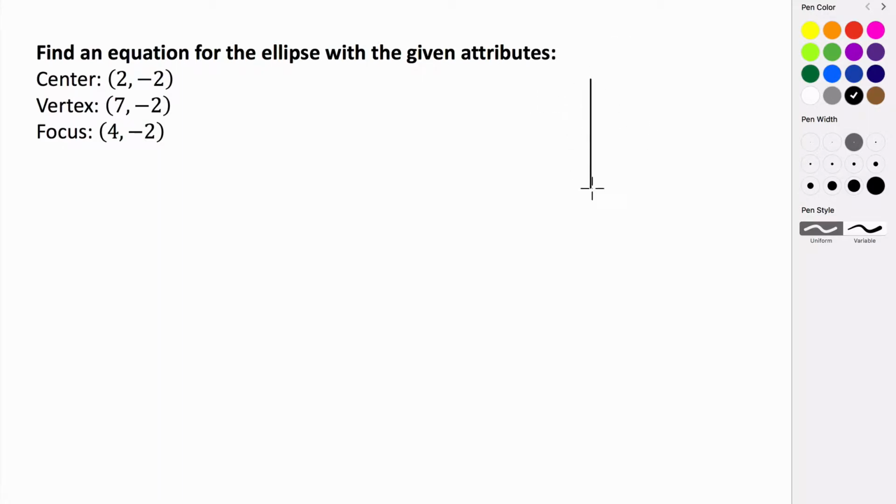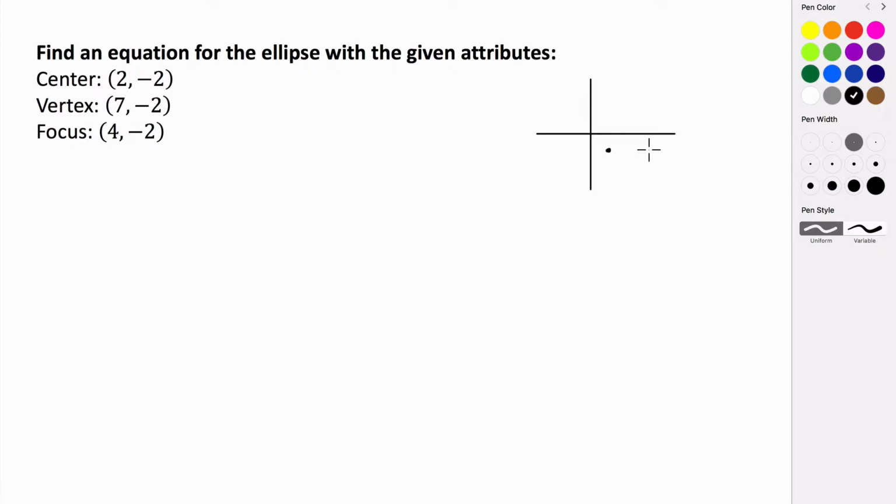going to look like. So if we have our x and y axes here, its center is at 2, -2, so that's here in the fourth quadrant. This is our center. Its vertex is at 7, -2, so it looks like it's 5 units to the right.